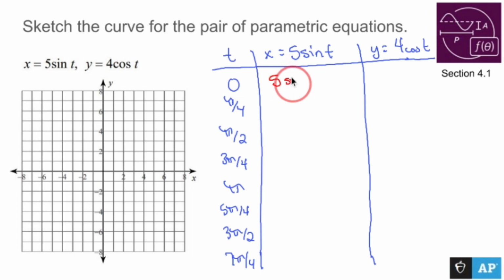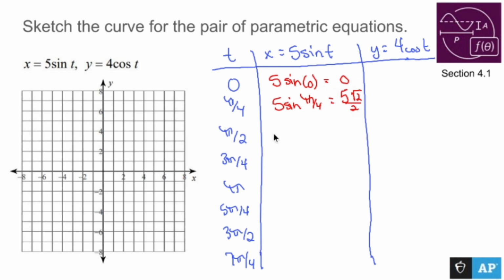5 sine 0 is the same as 5 times 0, which is 0. 5 sine pi over 4: sine pi over 4 is root 2 over 2, so 5 root 2 over 2.